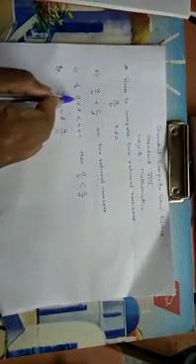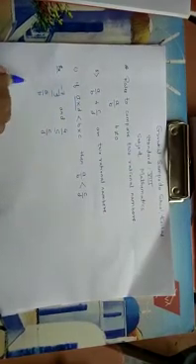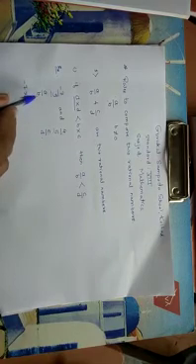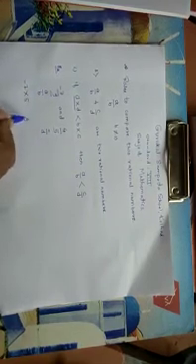So we have to find a into d, that is minus 7 into 5, and b into c, that is 9 into 4. So minus 35, and this one is 36.